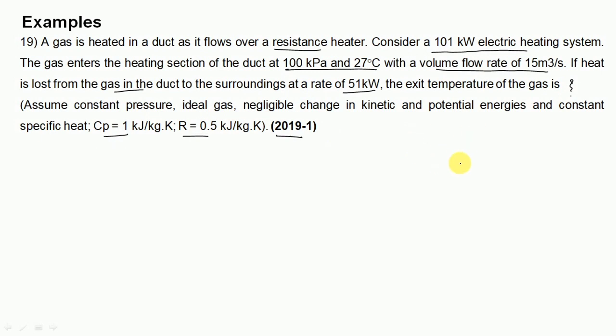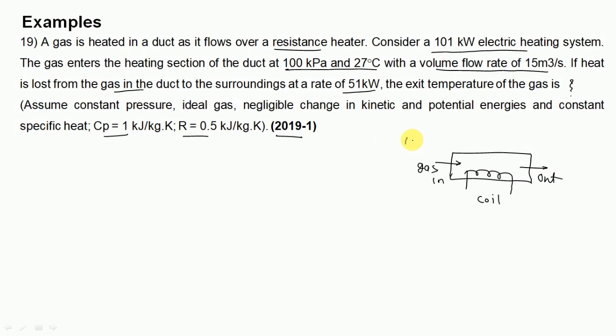Here we can say one duct is there in this way. Here there is a coil and gas is flowing. This is a coil, and here it is gas in and out. So this is the inlet.